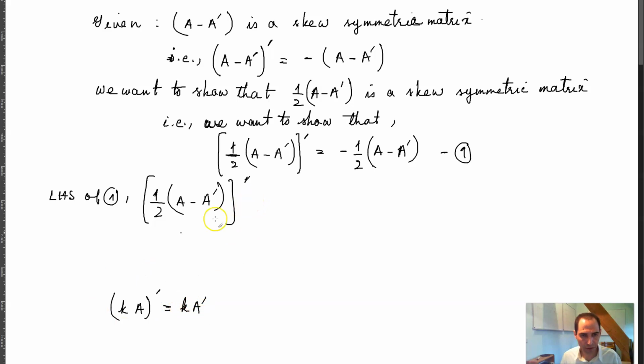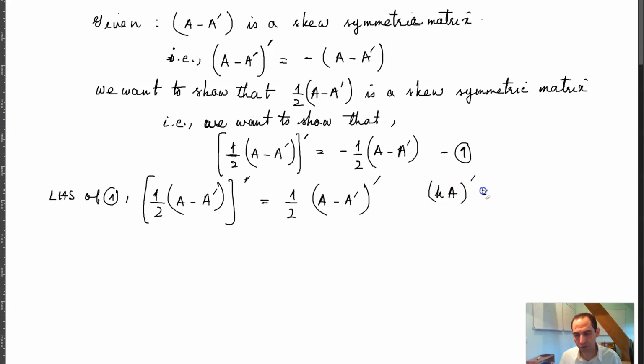Based on this, I can take this 1/2 out and write it as 1/2 of (A minus A prime) whole prime. And this is based on the fact that k times A whole prime is equal to k times A prime. This is because of this, right?